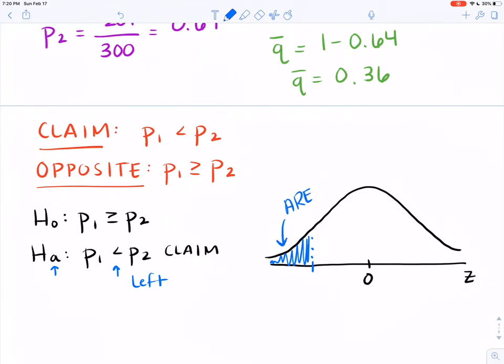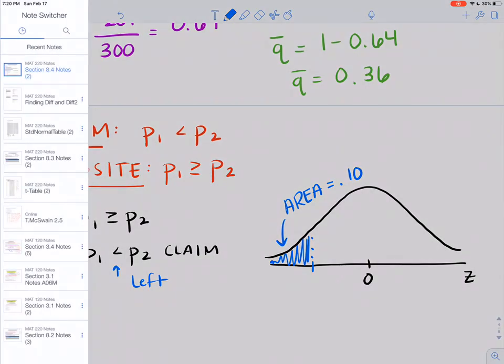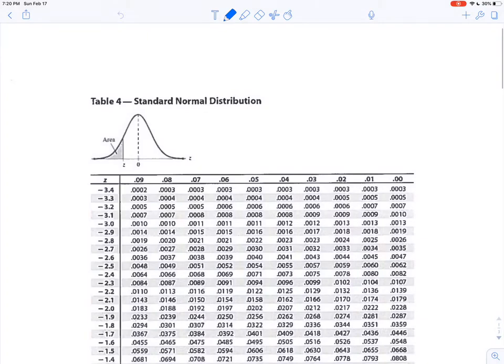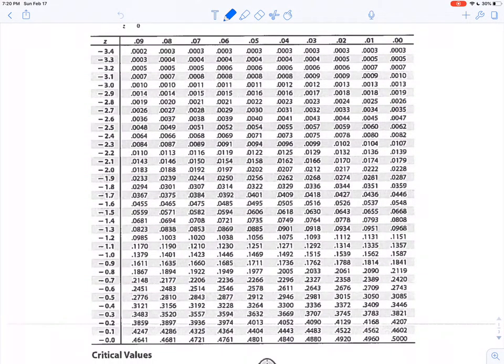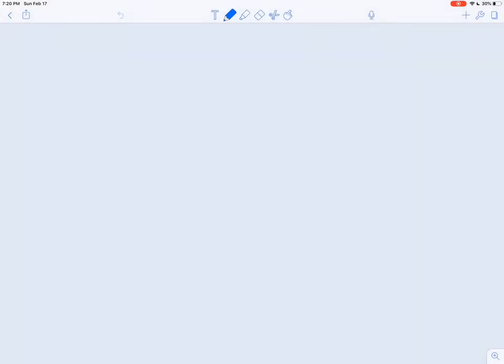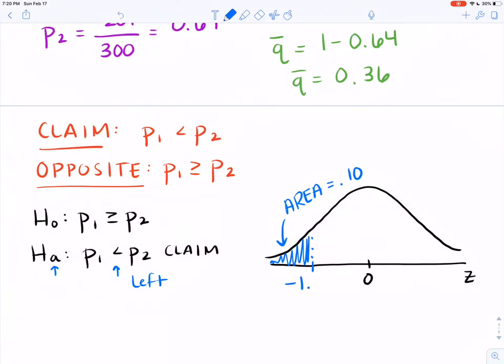Now, if the area of this region is 0.10, I'm going to use my standard normal table to find the corresponding value of Z. So looking for an area of 0.10, the closest I can get is right here at 0.1003, and that's going to tell me the critical value is negative 1.28. So my rejection region will be any values less than negative 1.28.